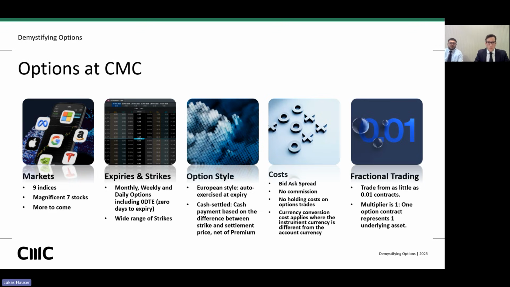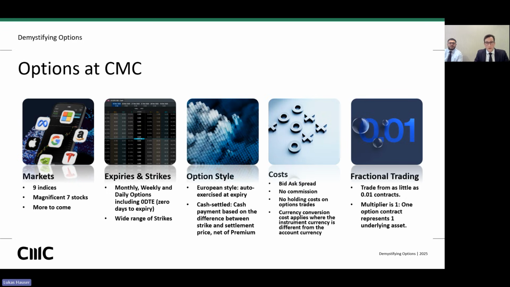With regards to costs, there will be the bid-ask spread, which is the difference between the buy and the sell price. There won't be any commissions. There are no holding costs compared to CFDs and spread bets, but the same currency conversion cost would apply here when the instrument currency is different from the account currency.